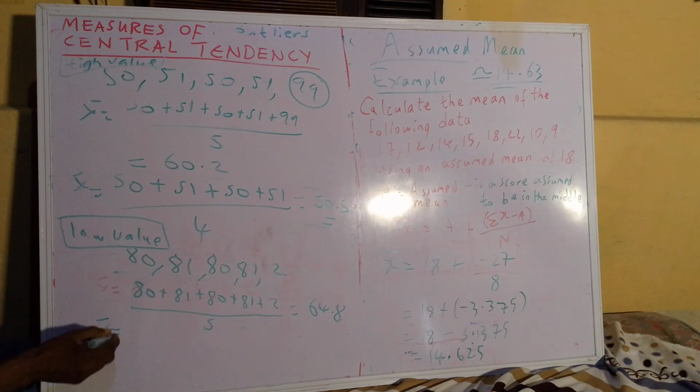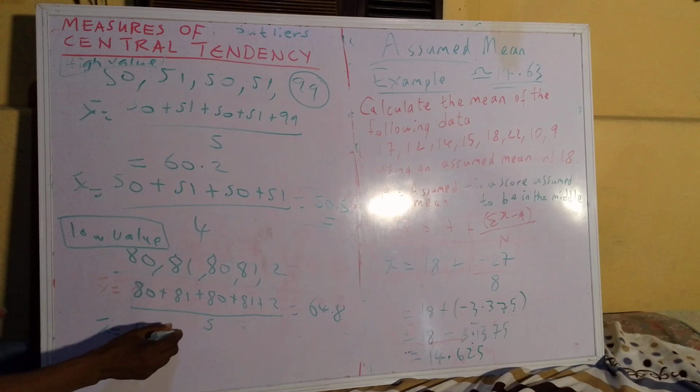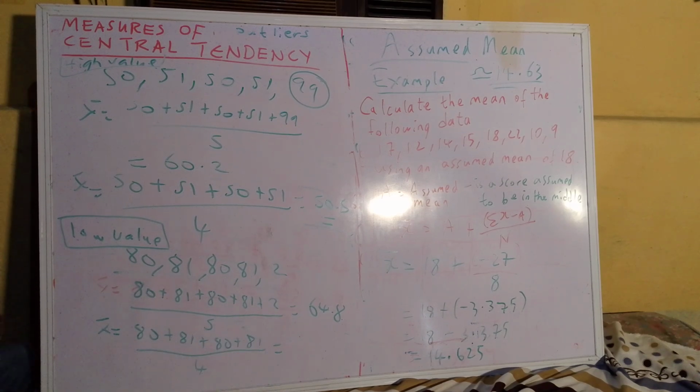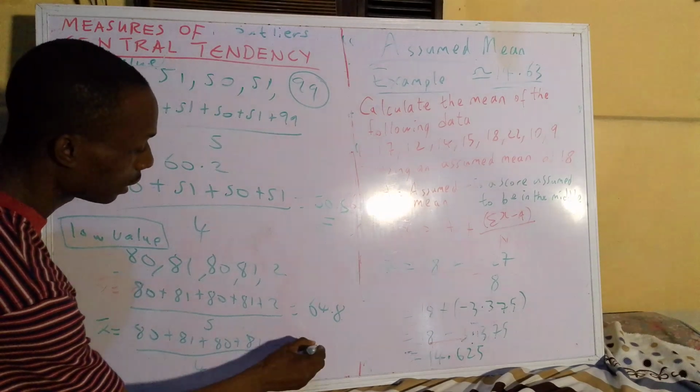So let's calculate the mean again, this time without it, to see how much it has destroyed the description. There are 1, 2, 3, 4 values, so you divide by 4. That's 80 plus 81 plus 80 plus 81 divided by 4, which is equal to 80.5.